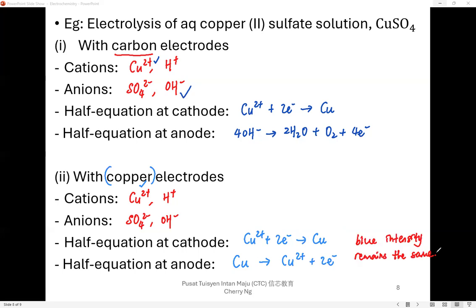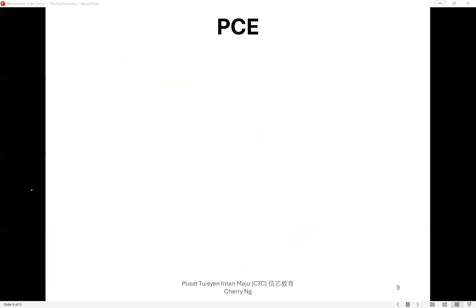So let's look at the summary now. We learned 3 factors in total. The first one is the position, and the lower it is, the easier to be discharged. This always happens for the cations.